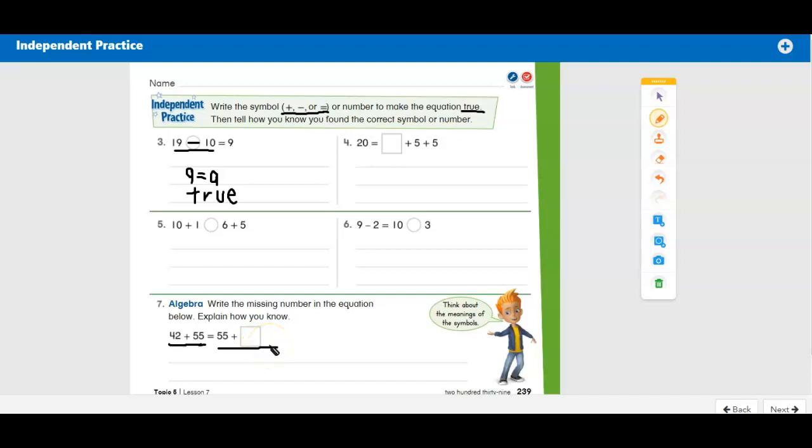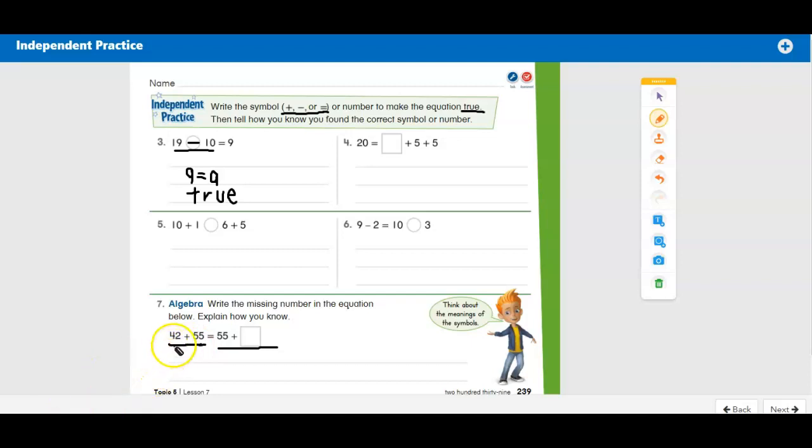We know that both equations have to be true. The first equation shows 42 plus 55. So if both of these equations have to be the exact same number, and we already have 55, that means the missing number would have to be exactly the same as this equation here.